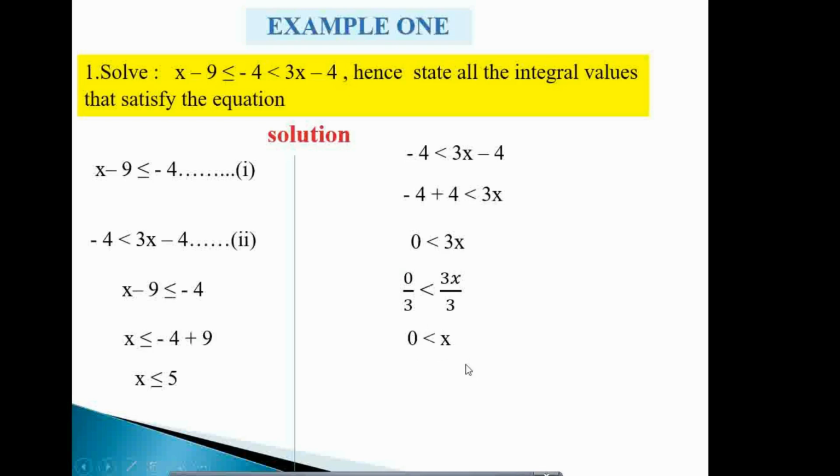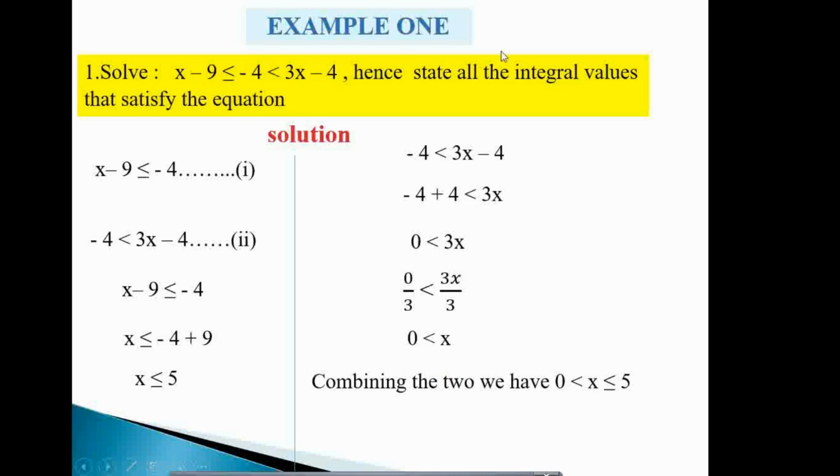Okay, so there we have the two solutions. What I want to do is combine the two solutions, that is x less than or equal to 5 with 0 less than x. If I combine the two, then we'll have 0 less than x, which is also less than or equal to 5.